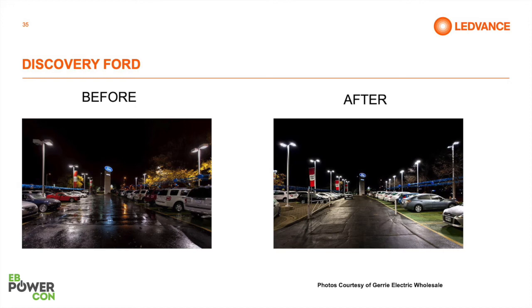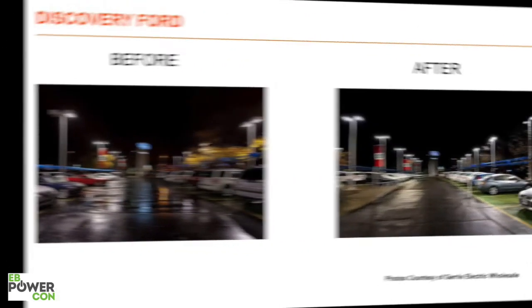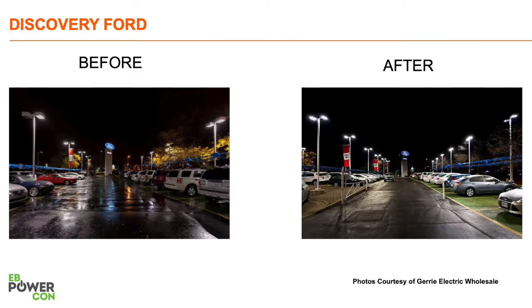And the picture on the right is the LED product that they installed after the fact. As you can see, the second one is a little further away, but you can see how the light is directed properly. Now you can see the actual spaces. You can see the laneway better.